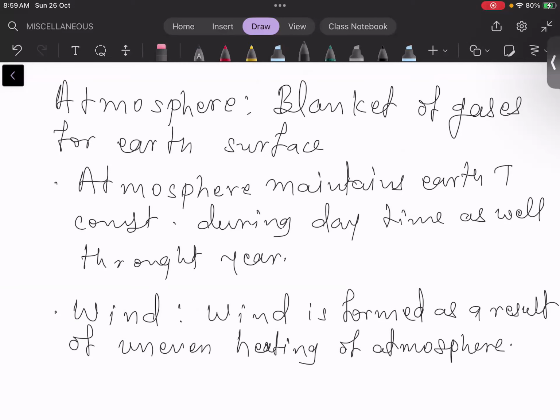Wind is caused by differences in temperature, known as convection.